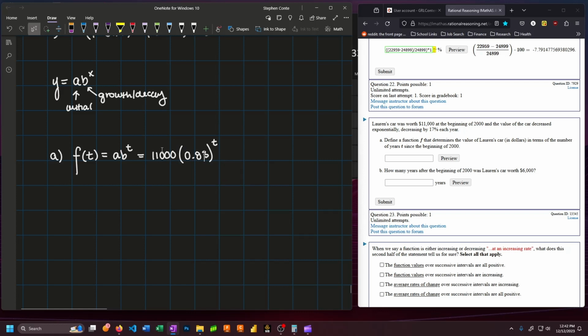If I do 2 years, that's 11,000 times 0.83 times 0.83. 3 years is 0.83 times 0.83 times 0.83 times 11,000, and so on. So if you did t years, that would be 0.83 times 0.83 times dot dot dot, t times, which is the same thing as just saying, let's raise 0.83 to the power of t.